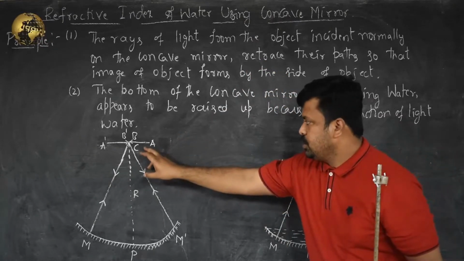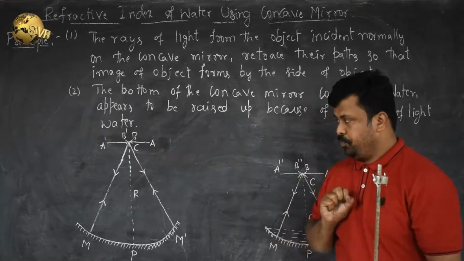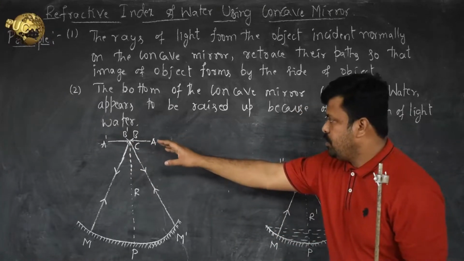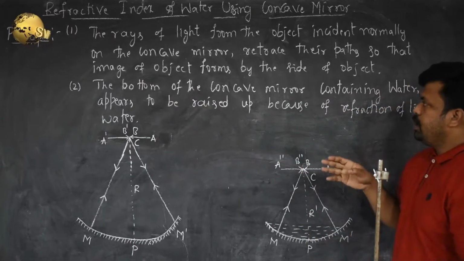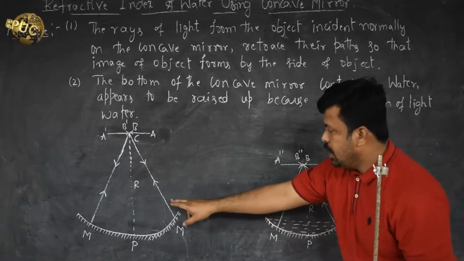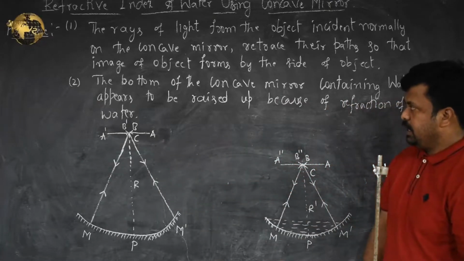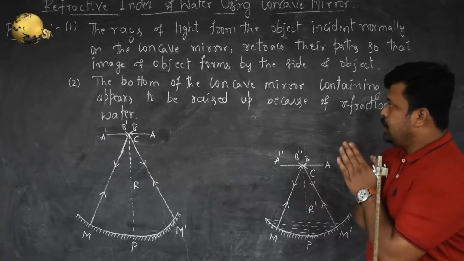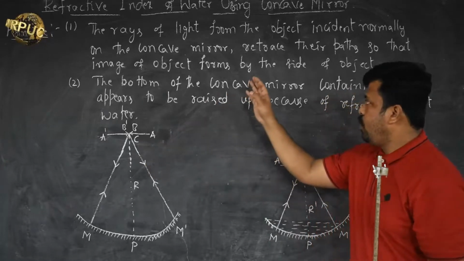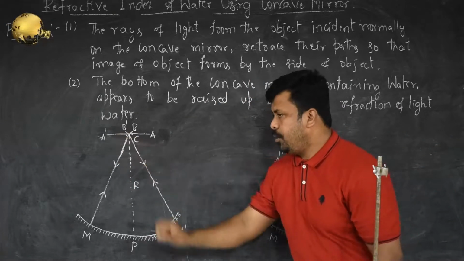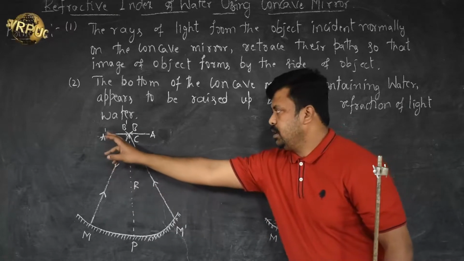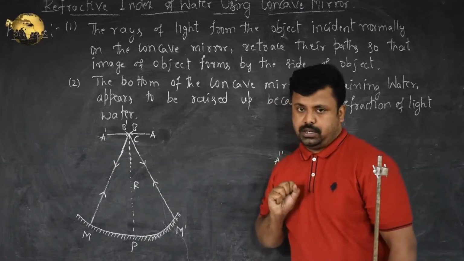We have the object AB. The light from the object AB incident normally on the concave mirror retraces its path, so the image of the object forms by the side of the object, that is A dash, B dash.